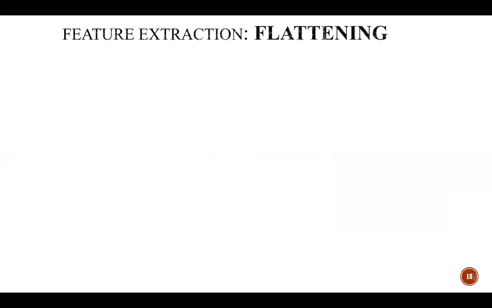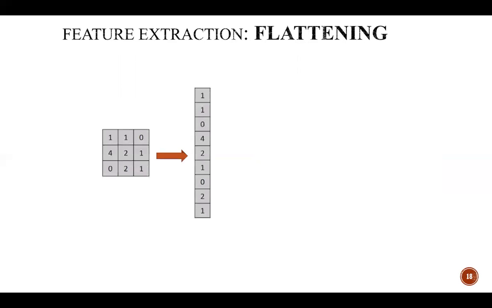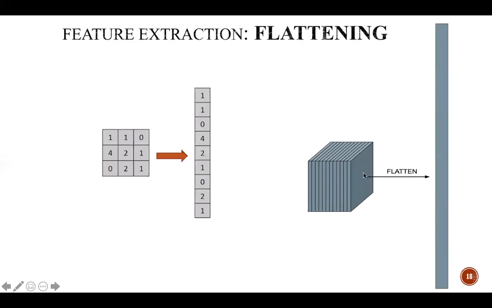And another process you have in the feature extraction stage of convolutional neural networks is known as flattening. So flattening is what? If you have a matrix like this, you just flatten this out, i.e. you represent this as one column. Now, of course, in convolutional neural networks, you may have more than one layer, so more than one matrix stacked.